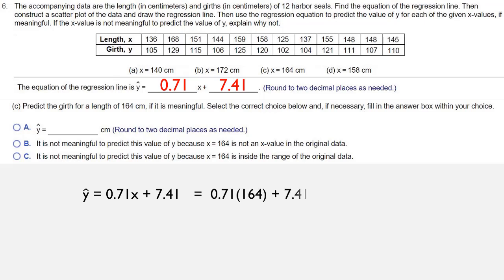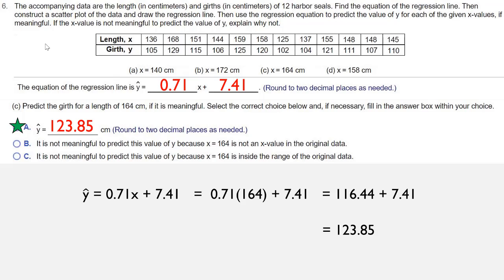We get 0.71 times 164 plus 7.41. We multiply out the 0.71 times 164, and we get 116.44, then plus 7.41. And when we add those together, we get 123.85. So the correct choice here is answer A, and we fill in the 123.85.